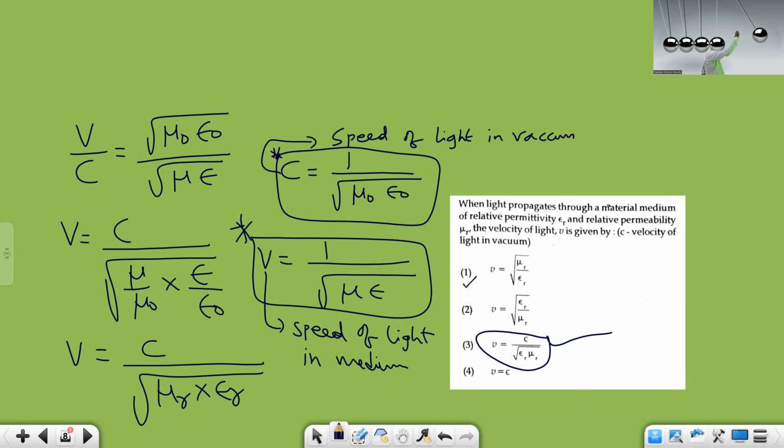What is V by C? That means I have one formula called, suppose I have taken the refractive index of the medium.